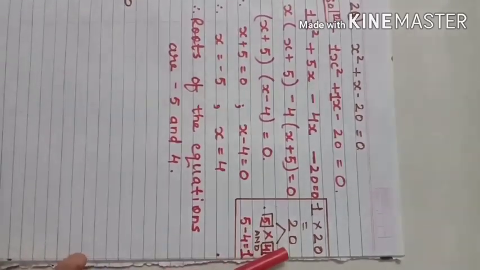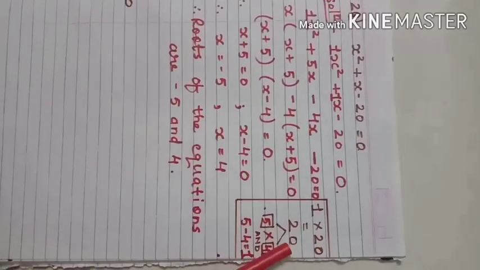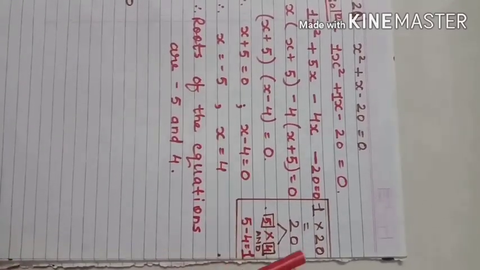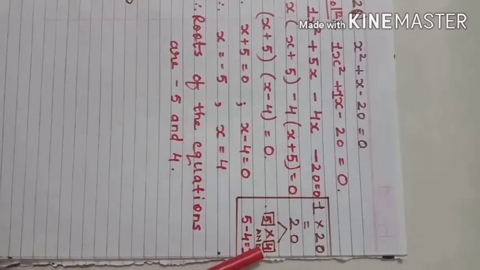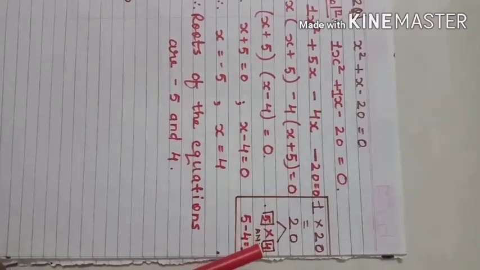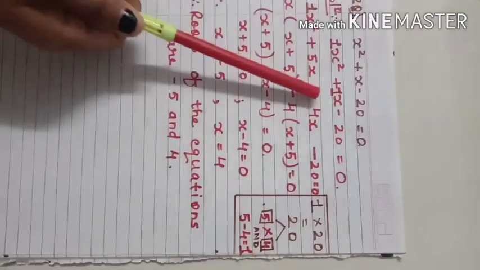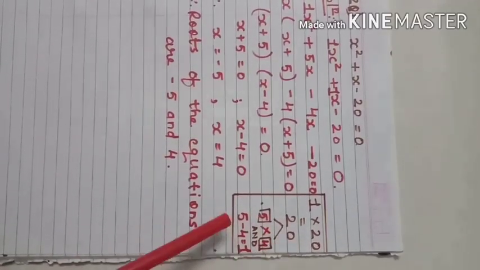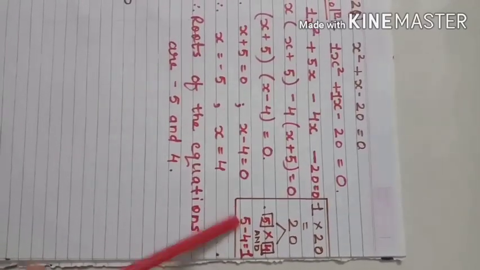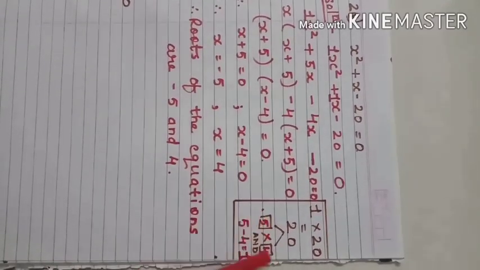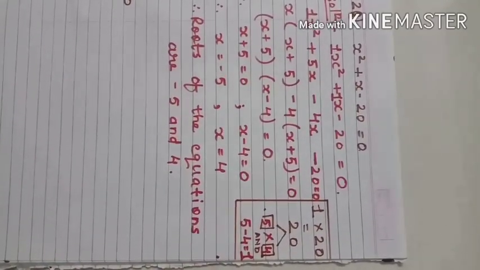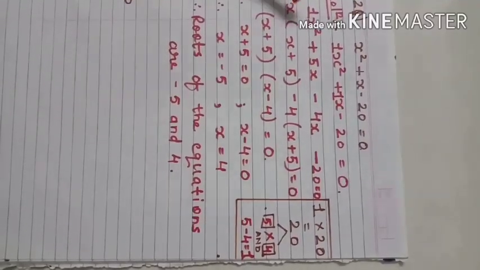It comes to 20. From this I have to take out two numbers. By multiplying it becomes 20, and by adding or subtracting it should be the middle term. Our middle term is also 1. So by multiplying, 5 4s are 20, and by subtracting, 5 minus 4 becomes 1. So 5 and 4, I got my two numbers. I am substituting in.